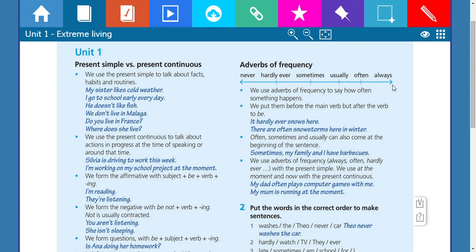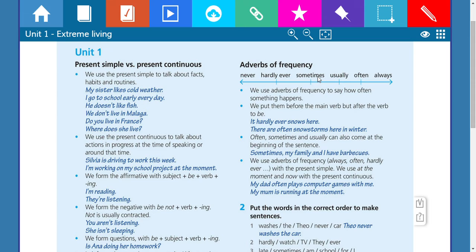Often, could be 95%. Usually, 80%. Sometimes, it's a possibility, 50%. Hardly ever, 20%. Never, 0% of possibility.